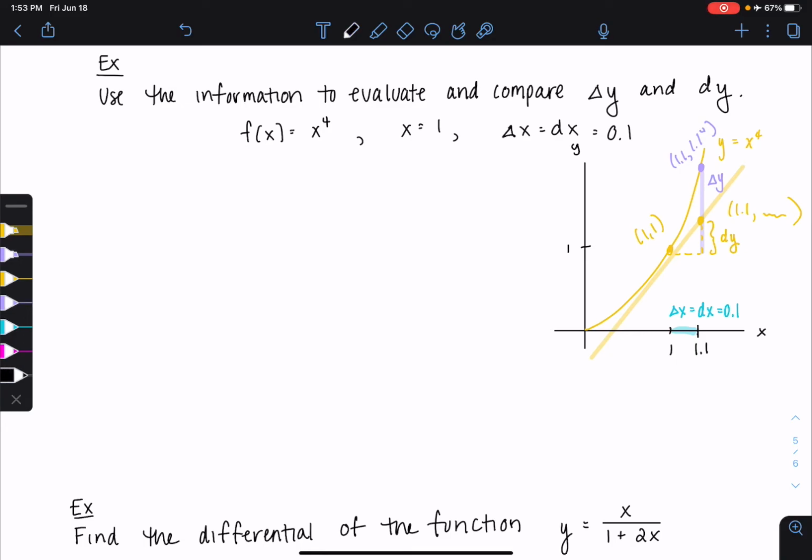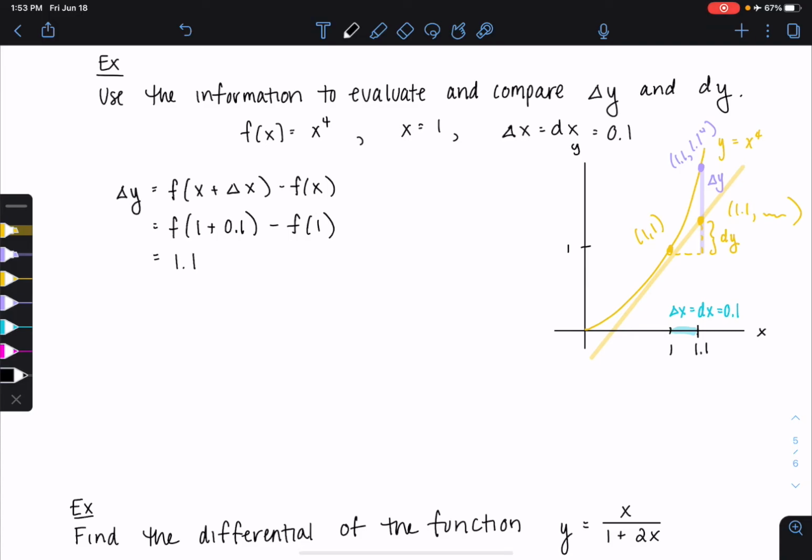y values. Okay. So delta y is going to be my function evaluated at my starting x value plus the change minus my original x value. So really, I'm going to see what is my function evaluated at 1.01 and subtract the original function value.